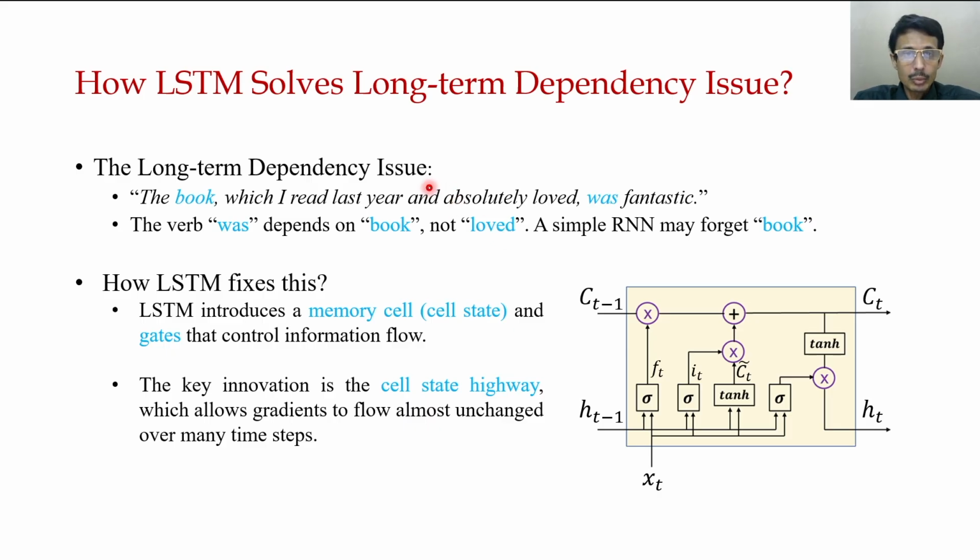If you are going to model this sentence, hypothetically we can say it's a long sentence. A simple RNN may forget book because this word and this word are far apart. The distance in the sentence is relatively high.